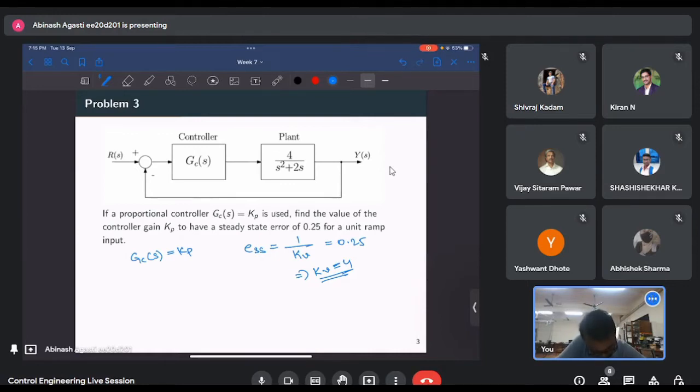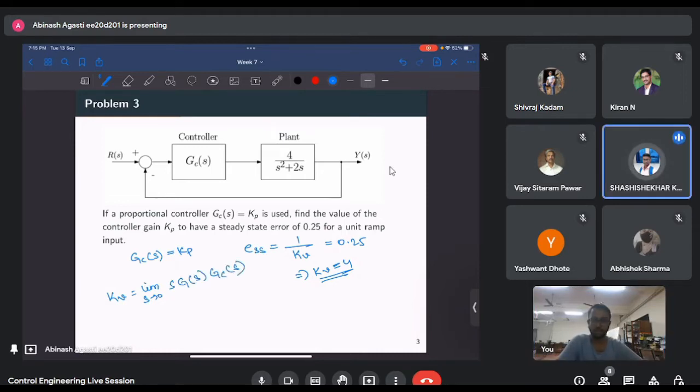So what is kV? kV is, we know, limit s goes to 0, s into Gs into Gc of s. That is the open loop transfer function. Kp equal to 2, sir. Yeah, we'll get to that. Just a minute. We'll solve this. So this must be 4. Right. So we'll put these values.